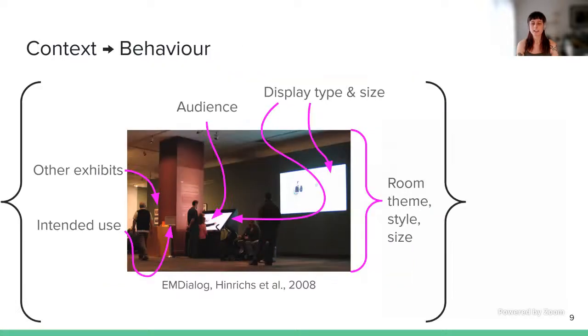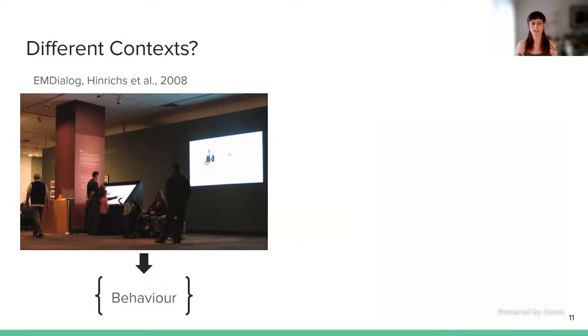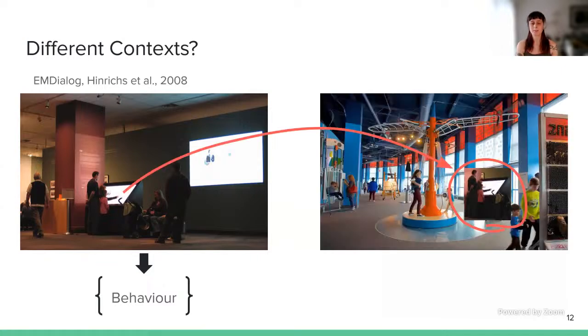And when we investigate how people interact with our exhibits in these contexts, we will typically find a set of behaviors. But what if we took that exhibit and moved it into a completely different context and studied it again? Would we find the same set of behaviors?